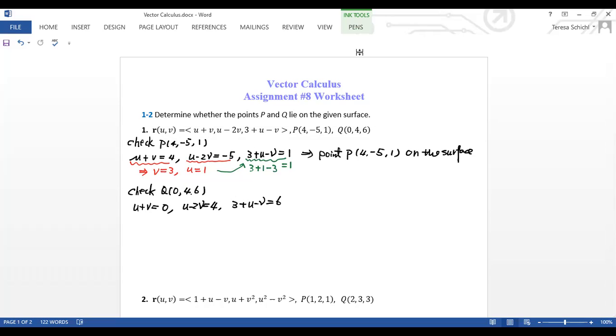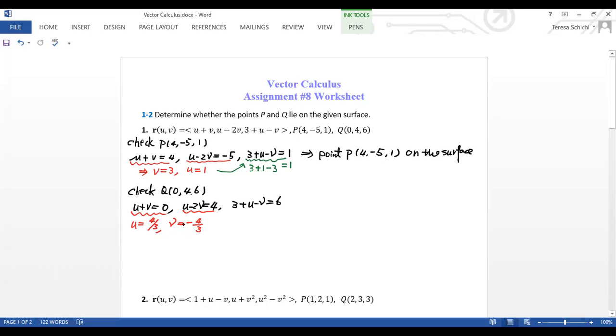Now we do the same thing: we try to solve these two equations. When we solve them, I will have u equal to 4 over 3 and v equal to -4 over 3. So let's check.